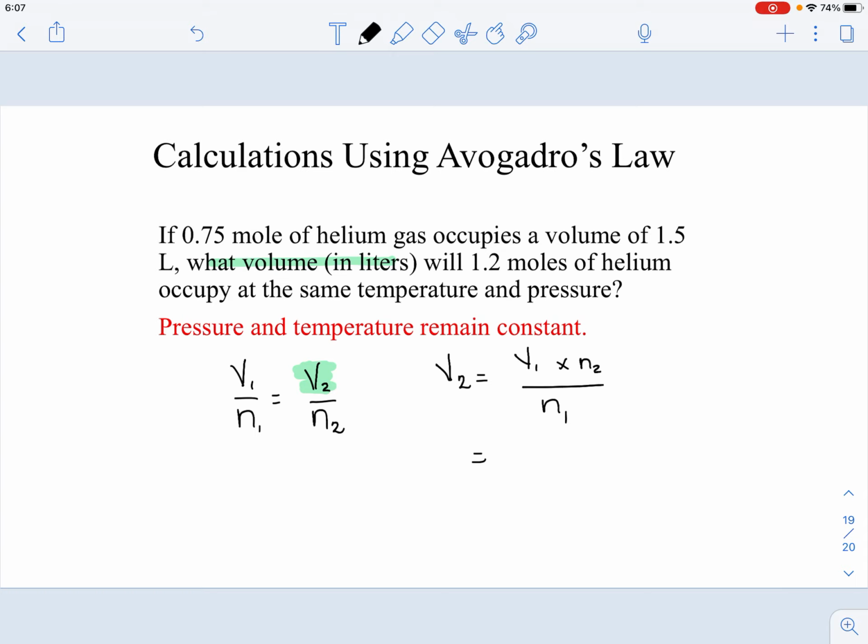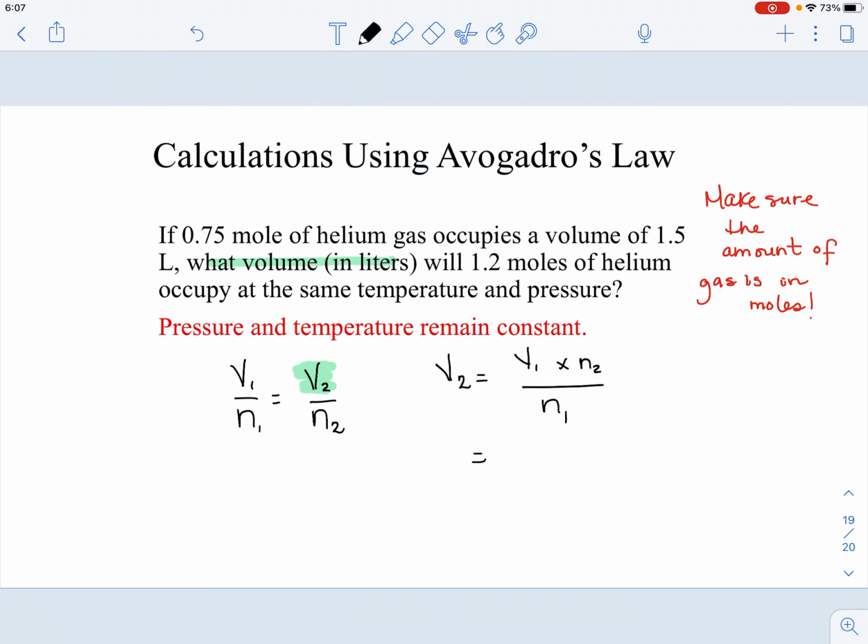And then again, in this problem, remember, you need to make sure the amount of gas is in moles. Okay, in this problem we don't have to convert it, because it's already in moles, but make sure that in the future when you are doing an Avogadro's Law problem, you change it to moles before you get started.